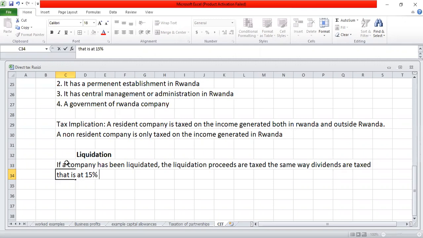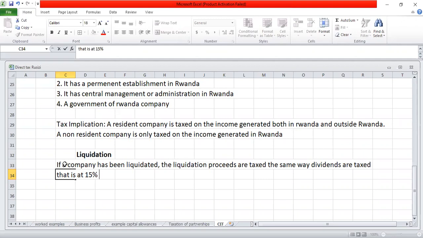The company was operating in Rwanda, but now you are ending its activities in Rwanda. The proceeds from liquidation is taxed at 15%. You tax it the same way you are taxing dividends.